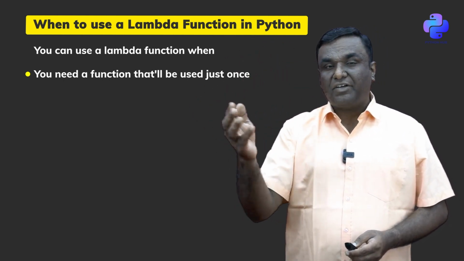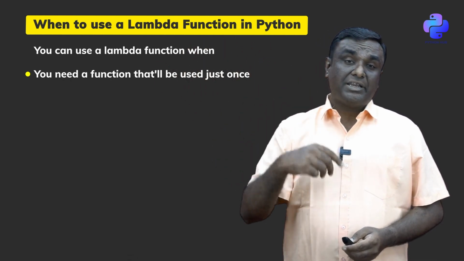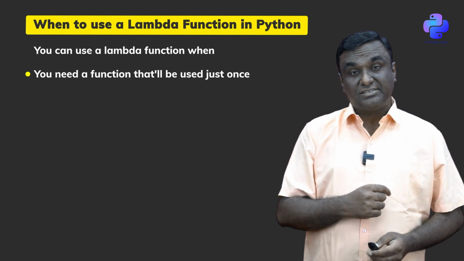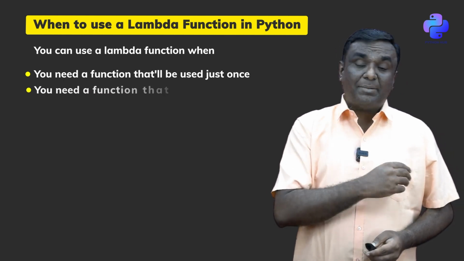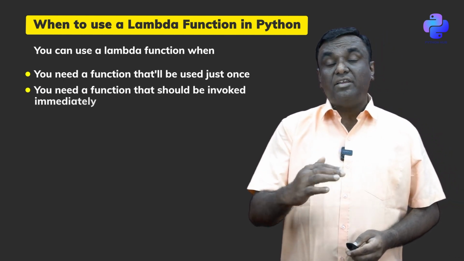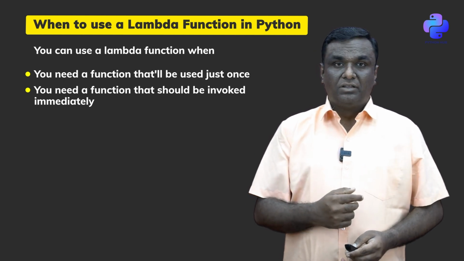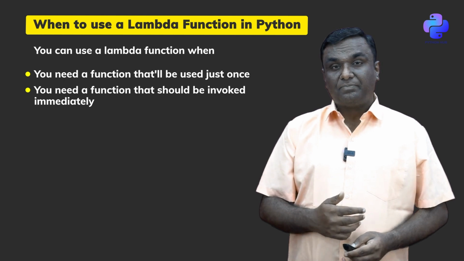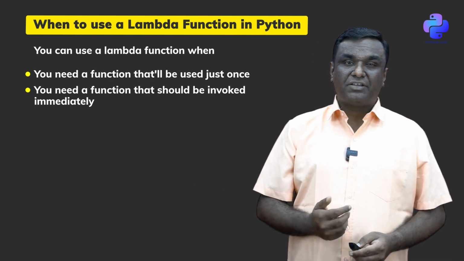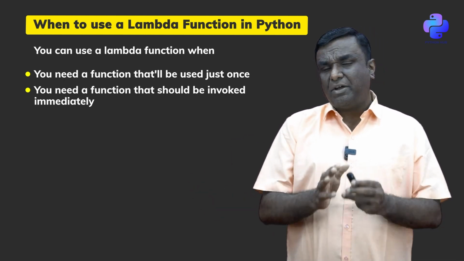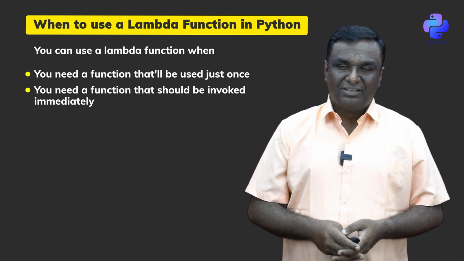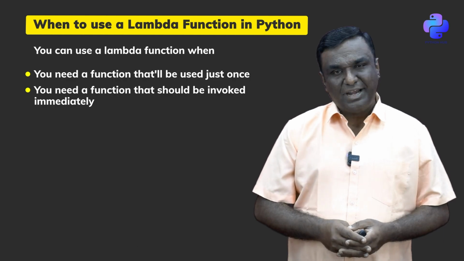Then you need to define a function name and you are going to trigger that function name by passing input parameters. There lies the difference. You will use Lambda when you need a function that should be invoked immediately. That is the advantage of Lambda, invoking it immediately. That's not the case with the regular function. I hope you have understood what Lambda anonymous function is all about. Explore more, read more about it.